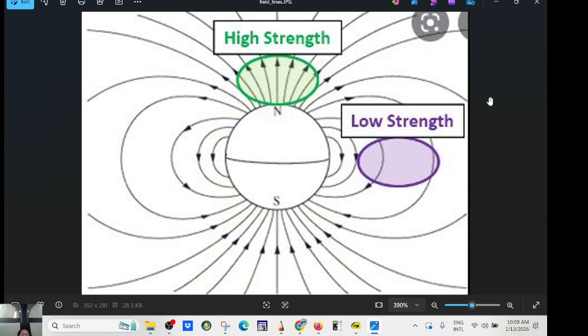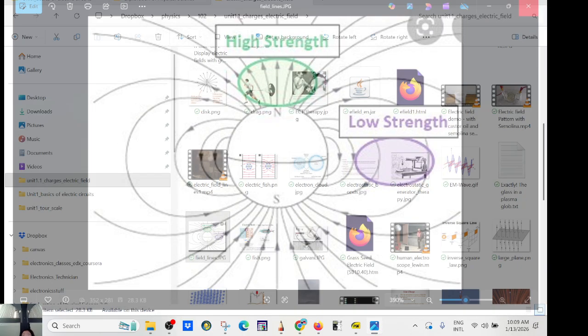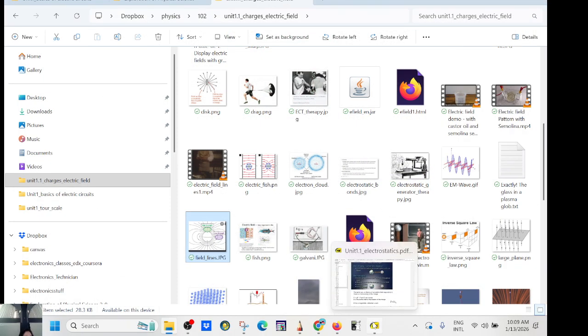As you move away, you see the lines are apart, so it will be weaker. So this is an example of a vector field. And instead of using vectors, arrows, they use streamlines. And there is a direction. Magnetic field goes out of the north into the south. So that's just an example.